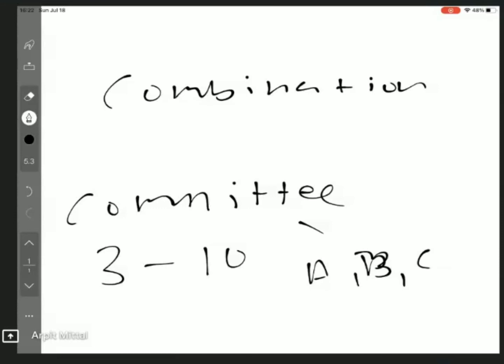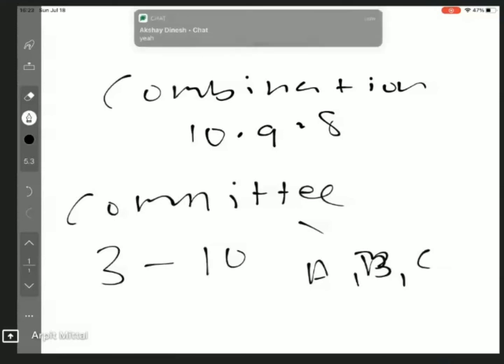So now, how can we solve this problem: the number of committees of 3 people from a club of 10 people? First, we can just do the normal way. We have 10 people for the first position in the committee, then 9 people for the second position, and then 8 people for the third position. But in this multiplication, we're actually making the mistake of assuming that order matters, because it counts who we pick first, second, and third.